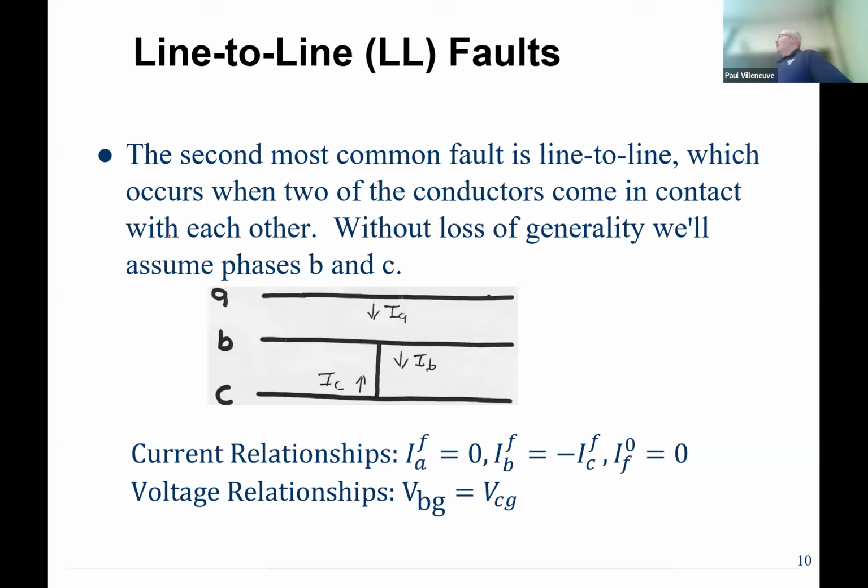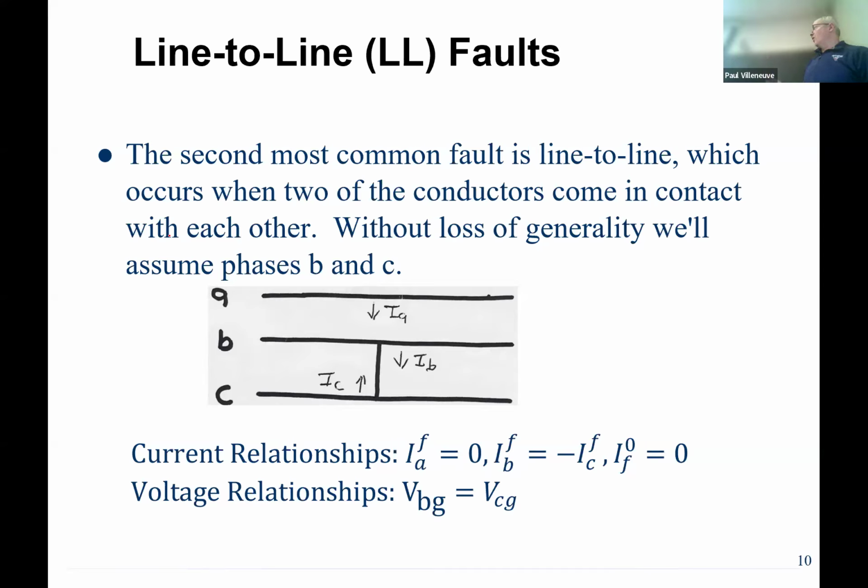So single line to ground, we put all three in series. Line to line, let's figure that out. So with a line-to-line fault, you'll notice no path to ground, right? There's no connection to ground. It's a fault between two lines. So I have IB and IC going towards each other, but they're in opposite directions, right?